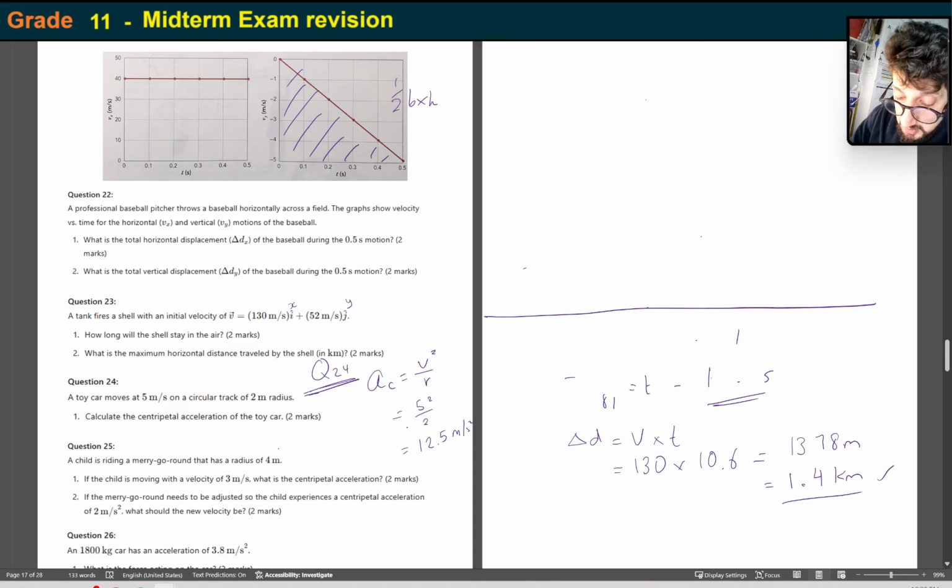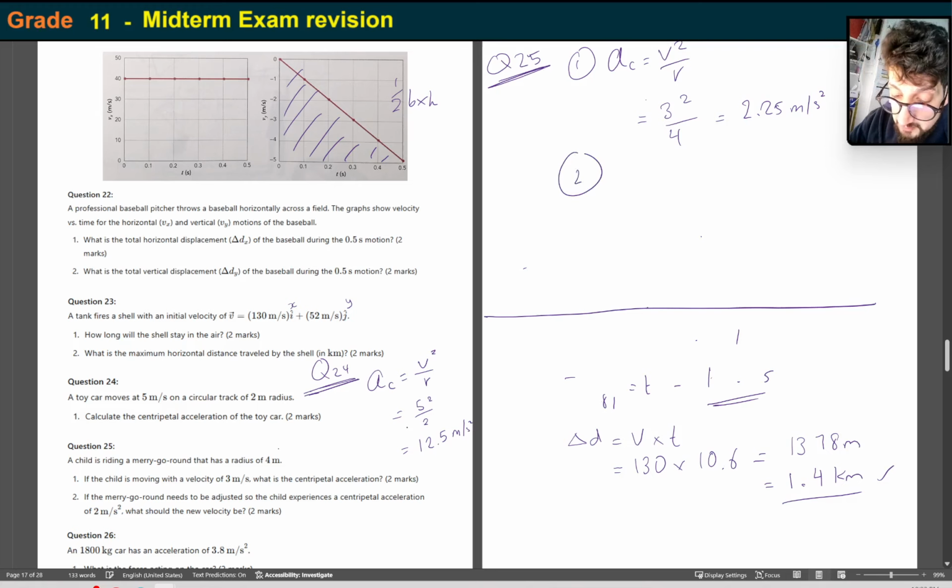So if the child is moving with a velocity of 3 meters per second, what is the centripetal acceleration? Okay, so centripetal acceleration is equal to v squared over r. So that's the formula. The workout is going to be 3 meters per second squared all over 4 meters. So that's 9 over 4, which is 2.25 meters per second squared.